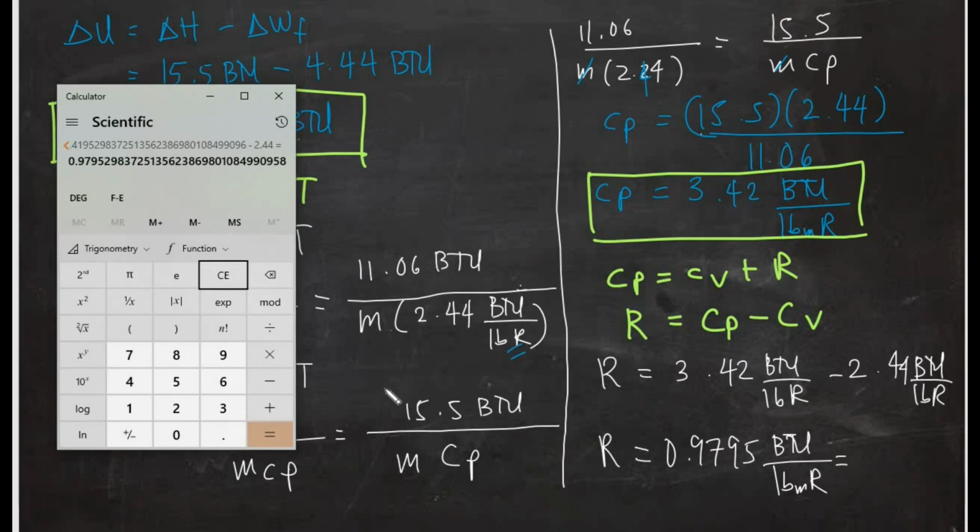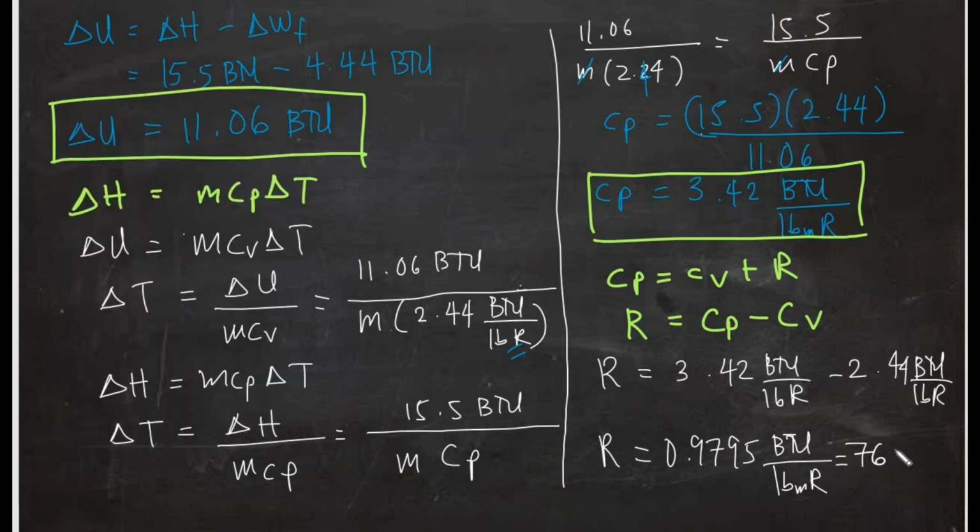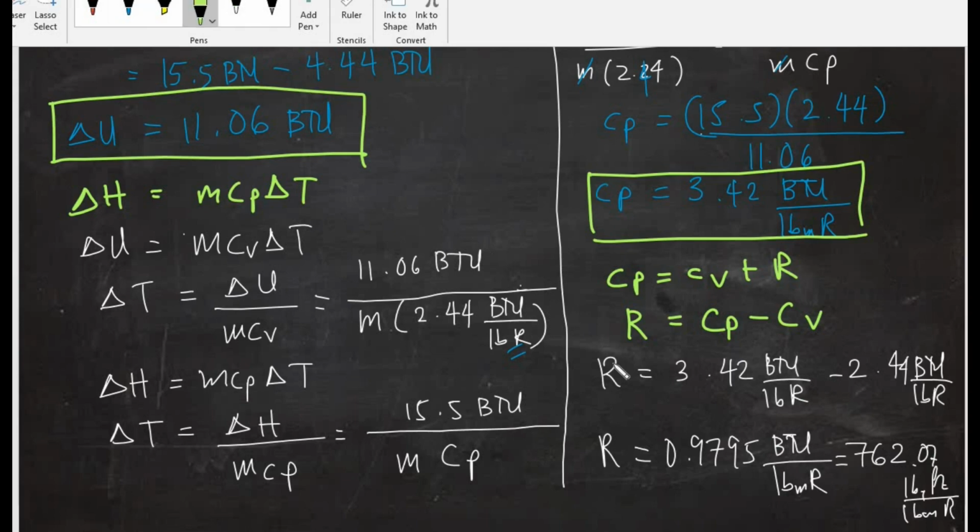If the problem does not specify the unit, I'm just explaining what you'll do if the final unit is in pound force feet per pound mass Rankine. From that answer, we simply multiply by 778 and we will come up with 762.07. The unit of that is pound force feet per pound mass Rankine. Okay, let me box that.